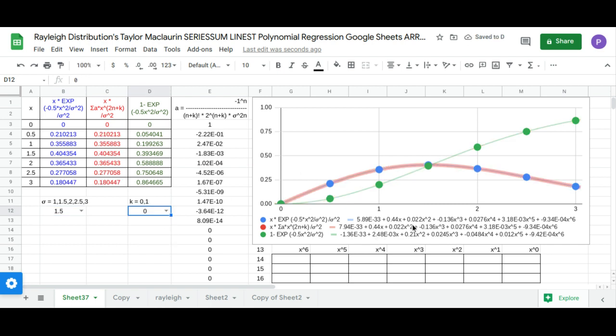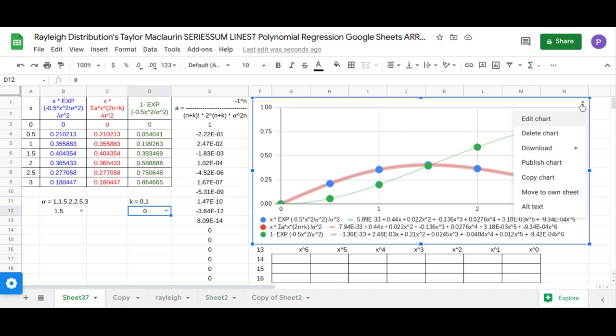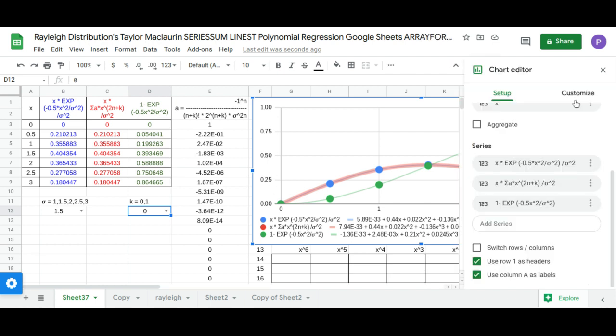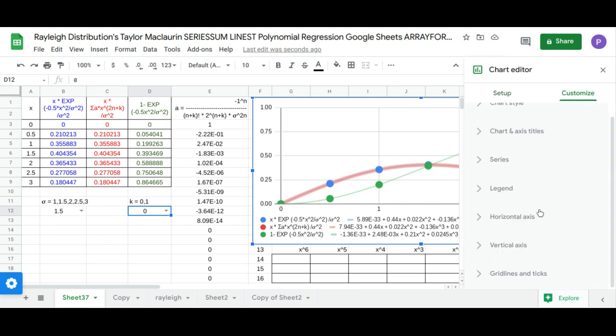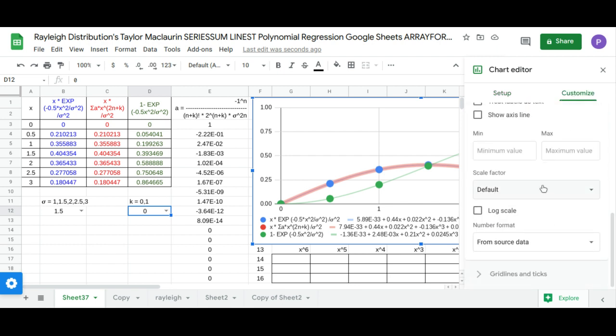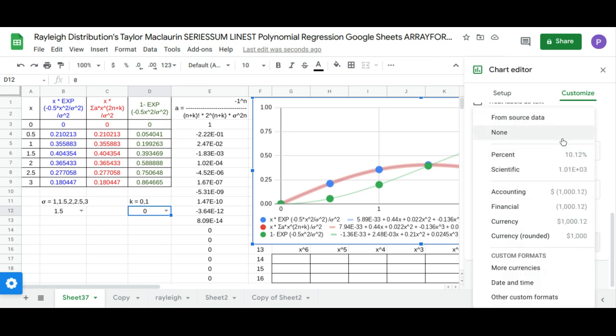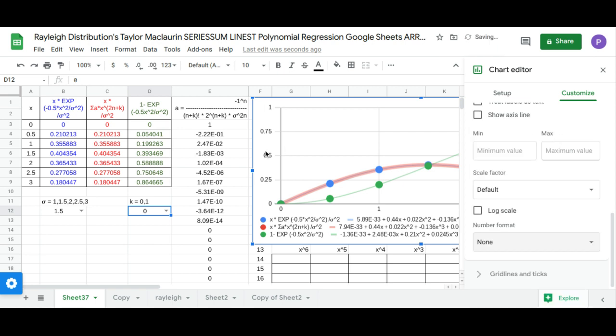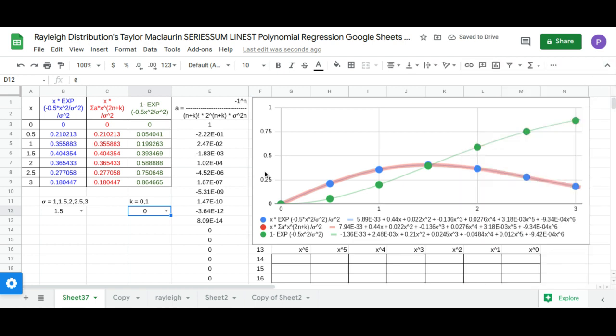We calculate this polynomial regression coefficient using Linest. To do that, we first clean this. We want this simplified, so we go to the vertical axis. The number format will be none. Now it's better. We'll use Linest to calculate the polynomial regression coefficient.